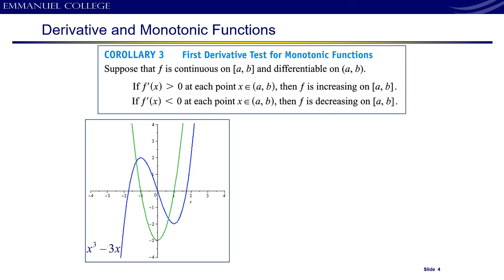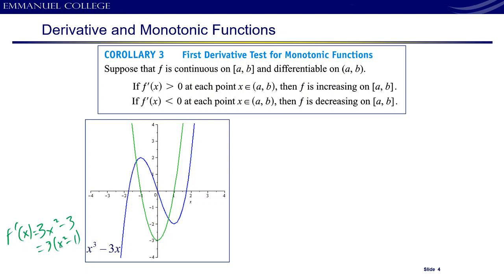So here's the function x cubed minus 3x. And you can see the green is the derivative, which would be 3x squared minus 3, or just 3 times (x squared minus 1). And then look at the roots of this derivative.